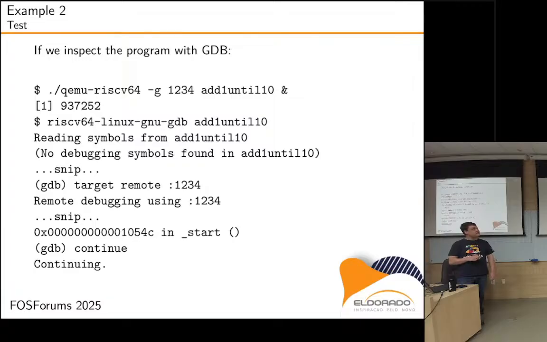Maybe you need to install the package. Sometimes it's separate from the other packages. Yeah. I couldn't fit it on the first slide because it was already too crowded to put more dependencies there. This is probably gdb-riscv, right? The same prefix as your GCC.